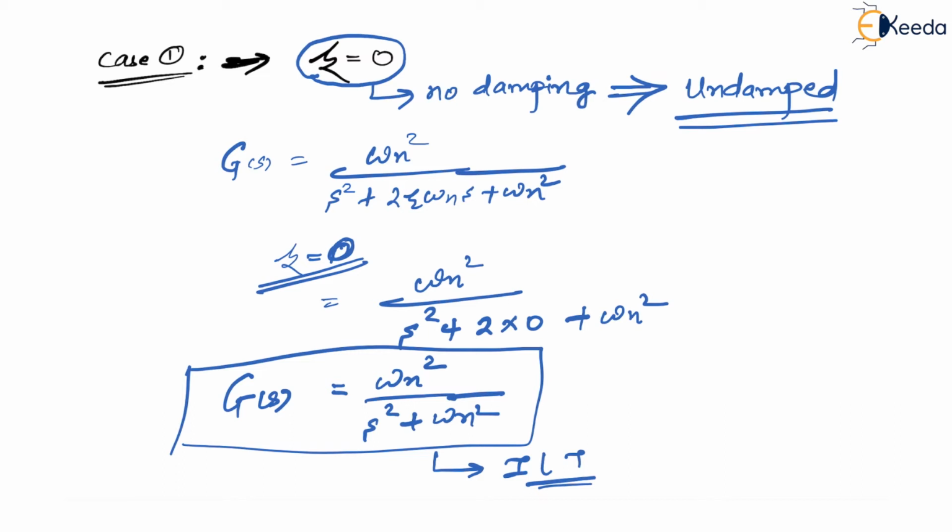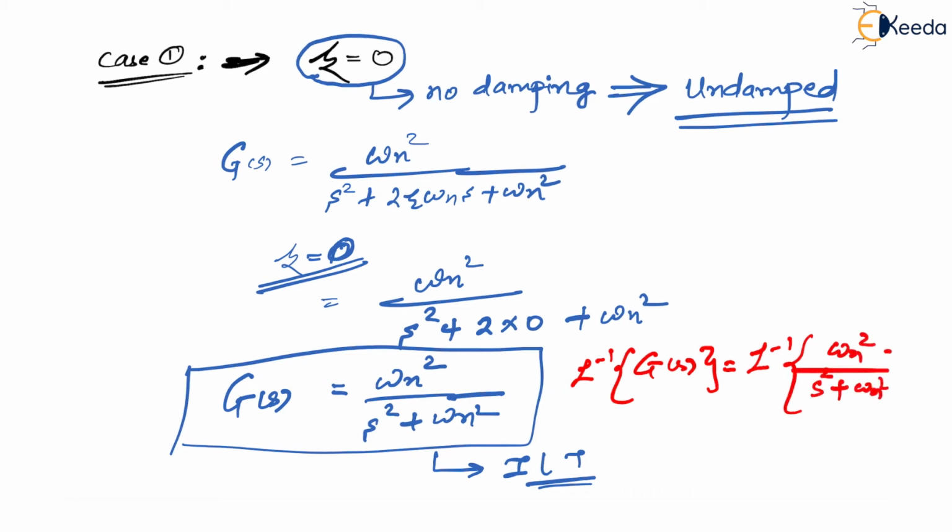So if you check out the inverse Laplace transform for this one, Laplace inverse of g of s is equal to Laplace inverse of omega n squared upon s squared plus omega n squared.